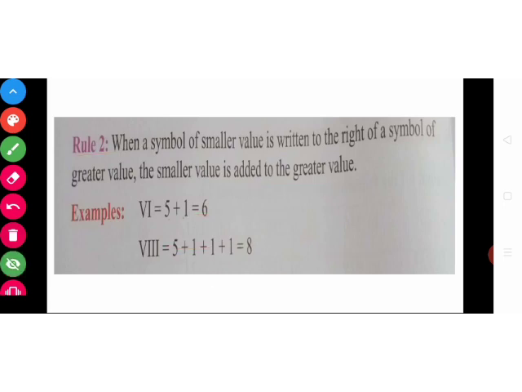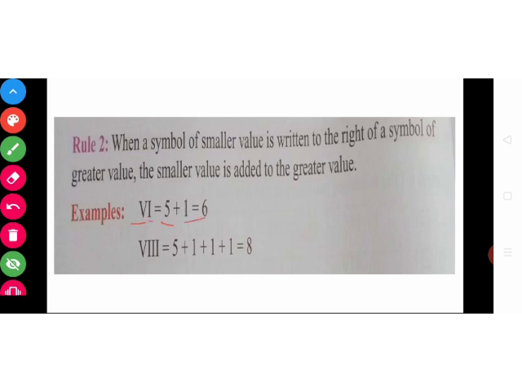Then rule 2. When a symbol of smaller value is written to the right of a symbol of greater value, the smaller value is added to the greater value. Is this the greater value? Is this the smaller value? Okay, children. So this symbol represents Roman number 5, it represents 5.